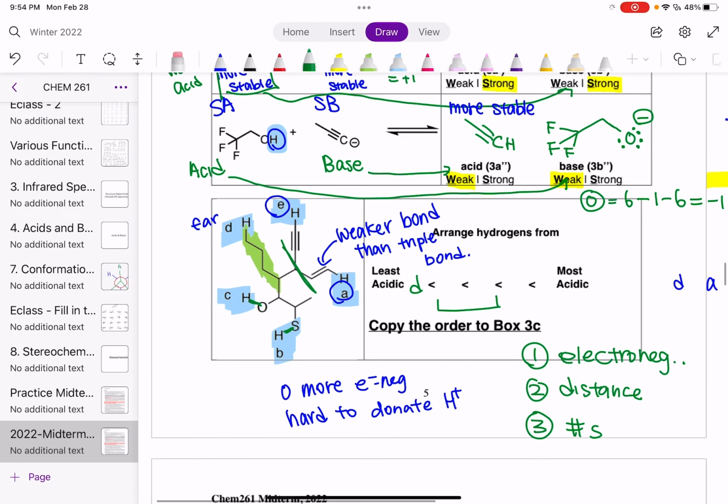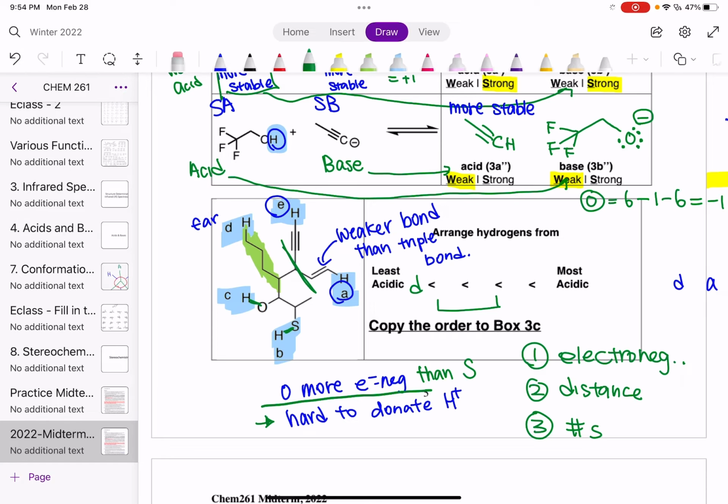As you can see, oxygen is more electronegative than sulfur, which means it's hard for it to donate the proton, because it's more electronegative, so it tends to pull the proton into itself, which makes it hard to donate.